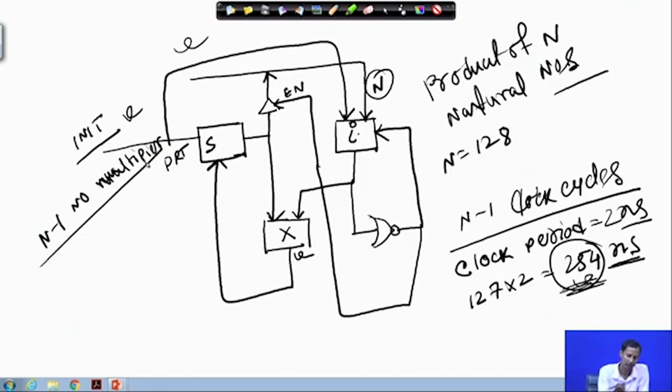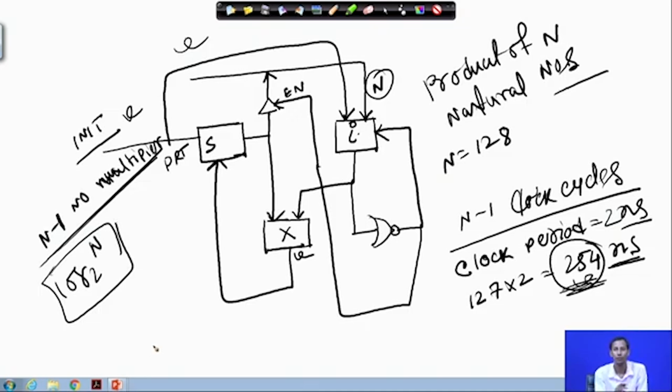Suppose each multiplier takes 2 nanoseconds. I require n minus 1 multipliers, and log base 2 of n is the number of stages I require for the parallel implementation.